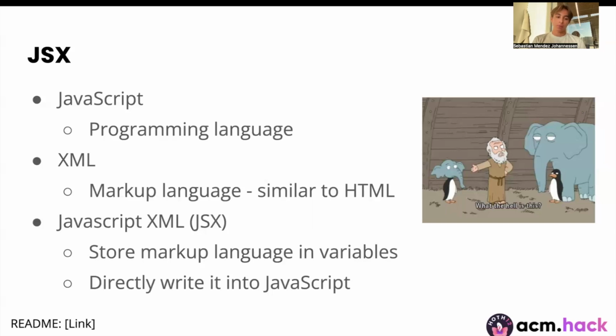JSX, or JavaScript XML, is basically the love child of these two languages, hence the image on the right here. And it lets us store markup language in variables and directly write it into JavaScript.